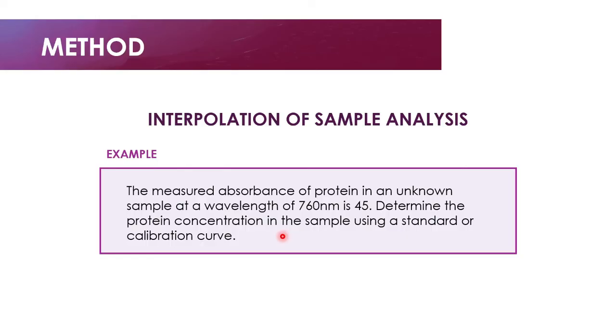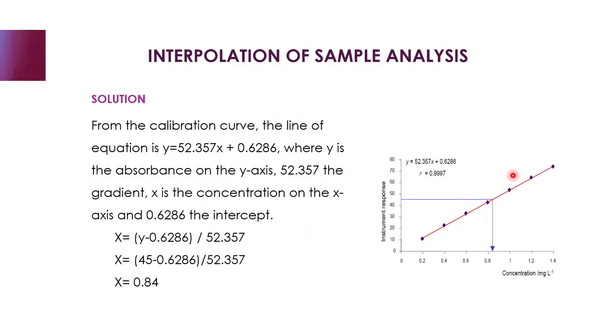So this is our calibration curve drawn over here nicely. This is the instrument response, which is the same as the absorbance, and this is the concentration, and this is our line of equation, and this is our R square over here.